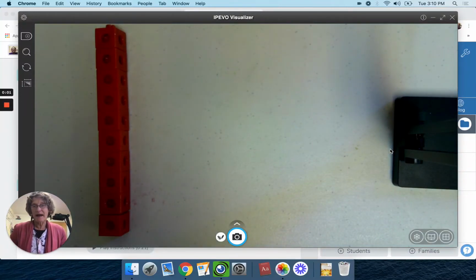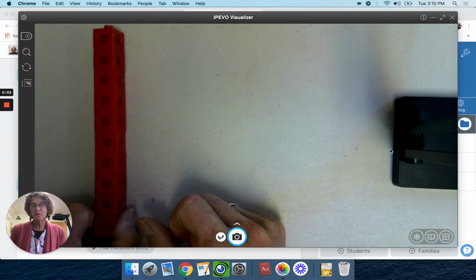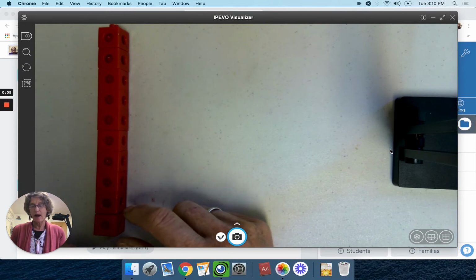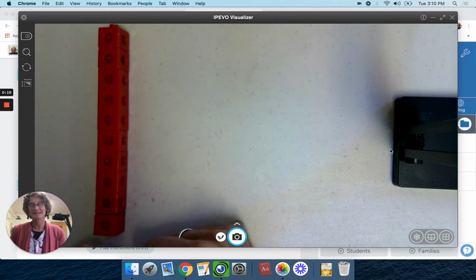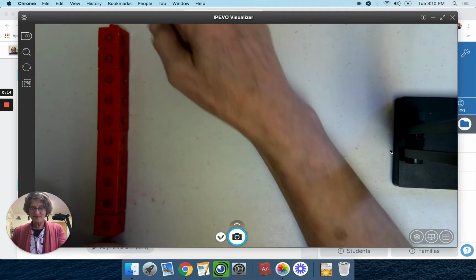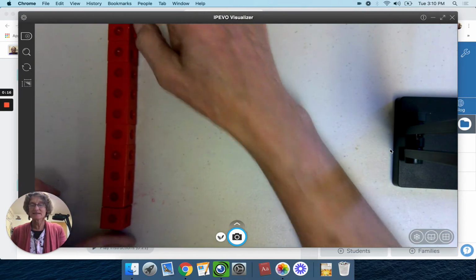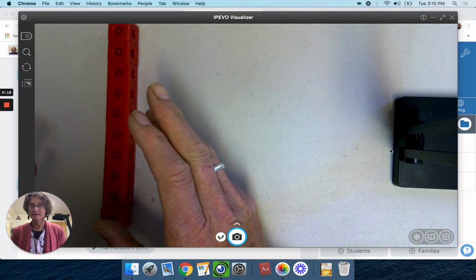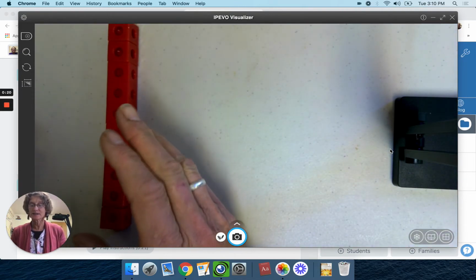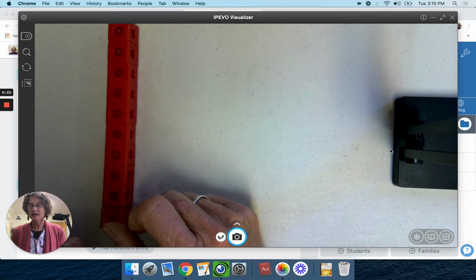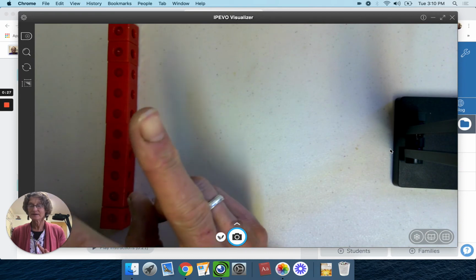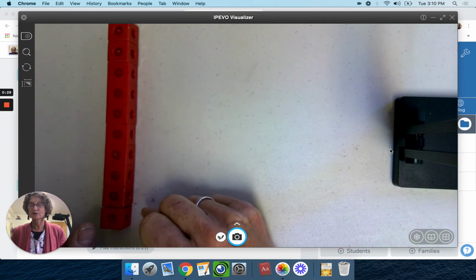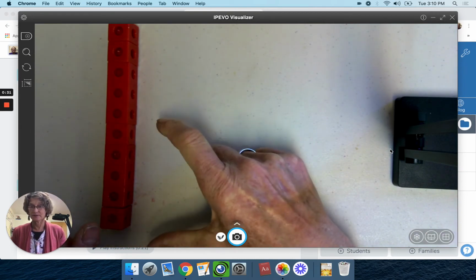Hi, kindergarten math students. So we are going to use our tower of 10, red or blue. The color does not matter when you are measuring. So this tower of 10 is like our unit that we are using to compare two objects to show if they are shorter or longer.